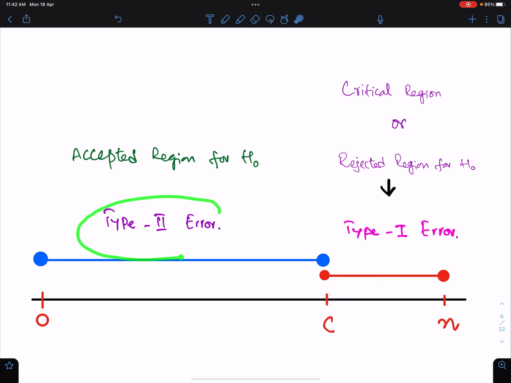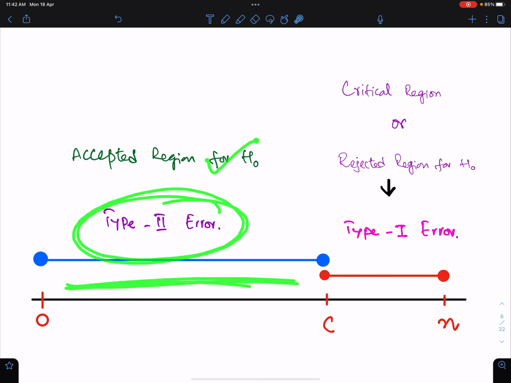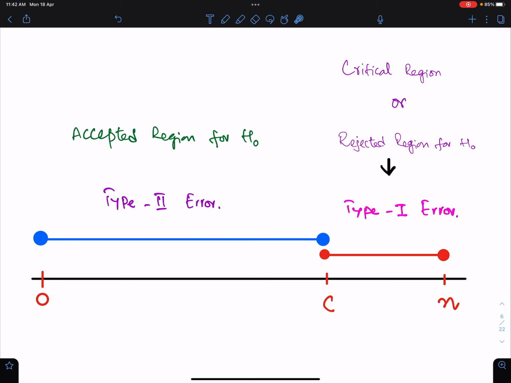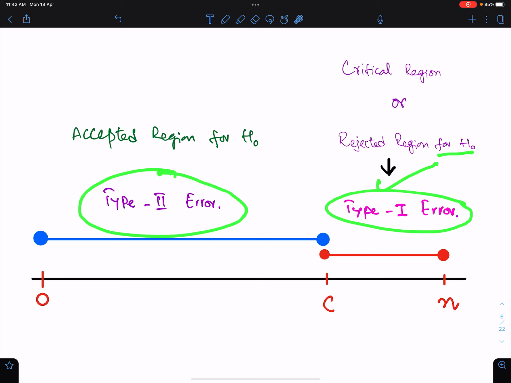And this is the region of type 2 error, because here we accept H0. A type 1 error occurs when a true H0 is rejected, and here we reject H0. Whereas a type 2 error occurs when a false H0 is accepted.